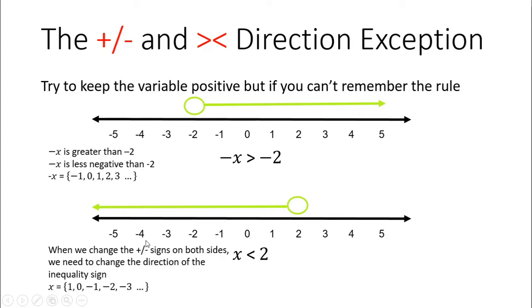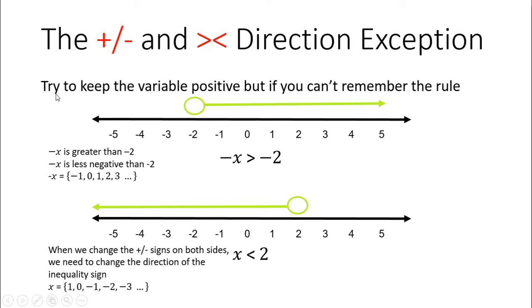So hopefully I've just proven to you that just changing the positive negative signs will not solve your inequality. You need to change the direction of the inequality sign anytime you go from negative x to positive x or positive x to negative x. Now I hope that was made clear, but again, try to avoid this situation.